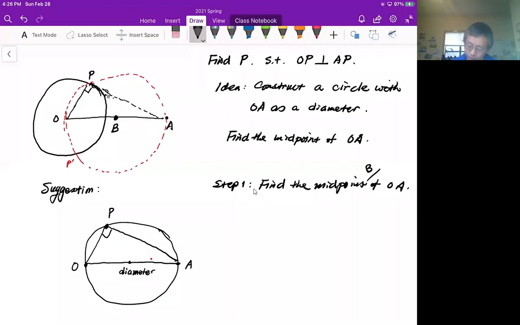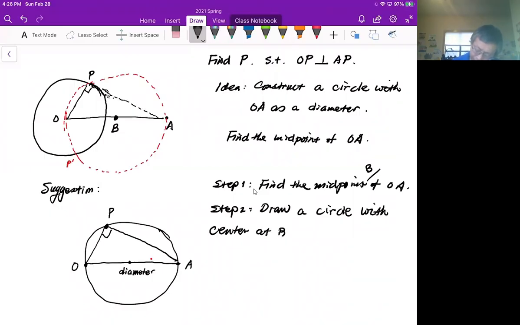So we can draw the perpendicular bisector of OA and get the midpoint. After we get the midpoint B, we can just draw a circle with center at B and with the radius of OB, because B is the center of the circle.